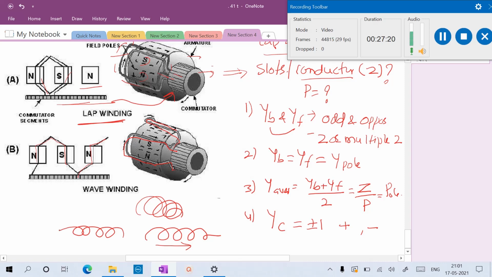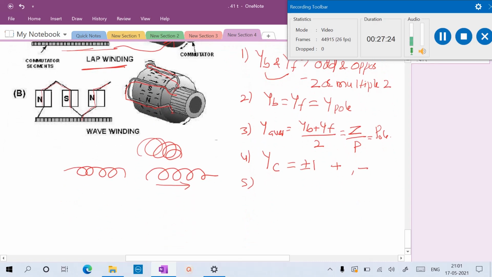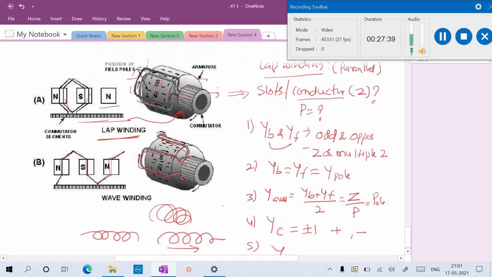The fifth point to remember is the resultant pitch YR. YR is nothing but the difference between the beginnings of two consecutive coils. If you look at this coil and this coil, the distance between them is known as YR.